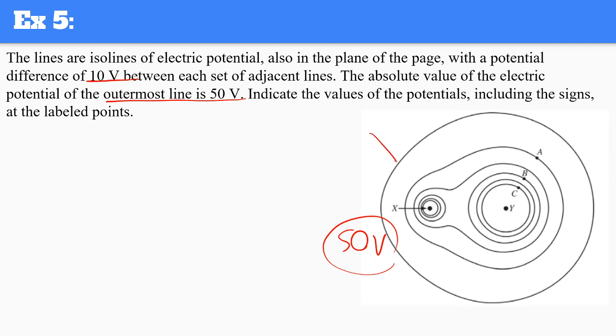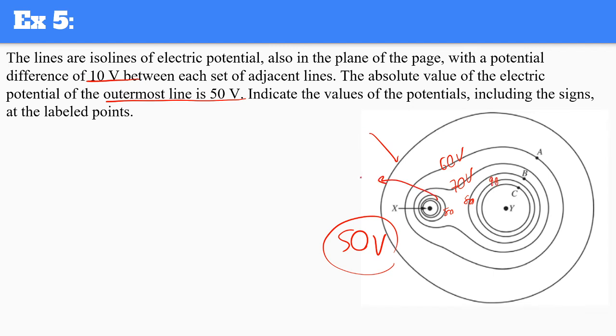As we get closer and closer to the charge, we're going to have higher and higher potential. So what does that mean? This is going to be the 60 volt line. This is going to be the 70 volts. And after this, we go for each circle individually, but they're going to have the same potential, 80, 80, and then 90.